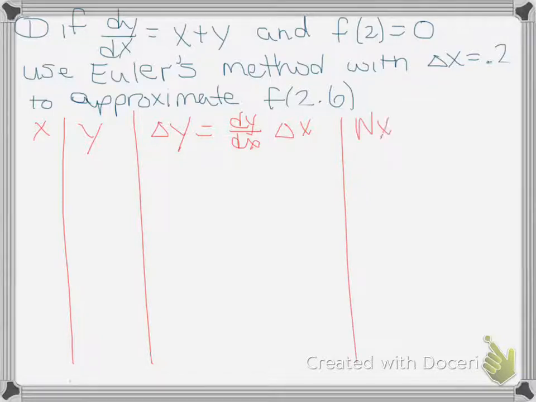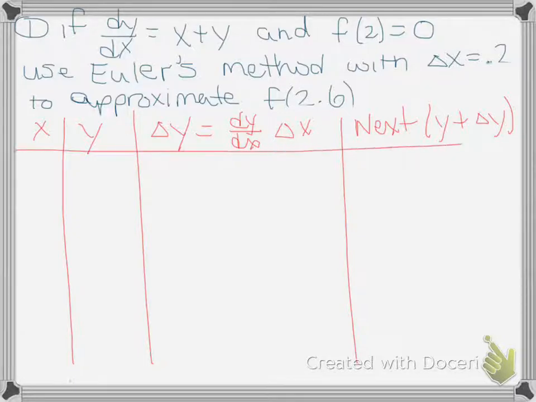And then that will give us our next y, by finding y and adding delta y to it. That's going to give us our next y value. All right, so let's rock and roll with this one and give it a shot.